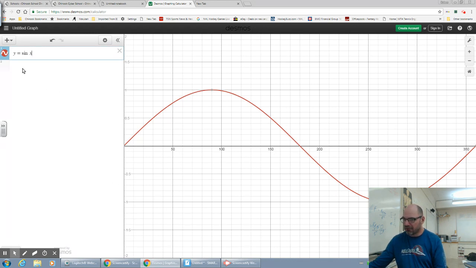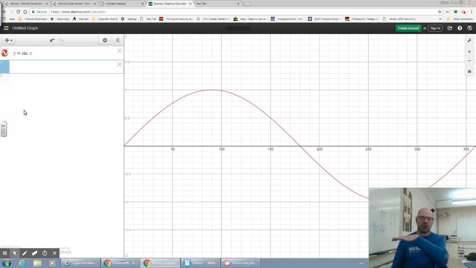Now the cosine graph is very similar, but it starts, as we know, the cosine is x over r. So when you start here, x is at 1, when it's laying down on the x at 0 degrees, and then when it goes up to 90, x is 0. So it's going to be shifted a little bit. So y equals cosine, which is cos x.